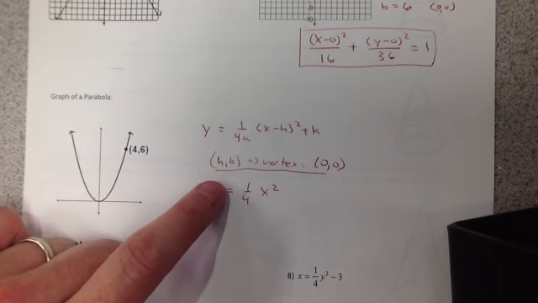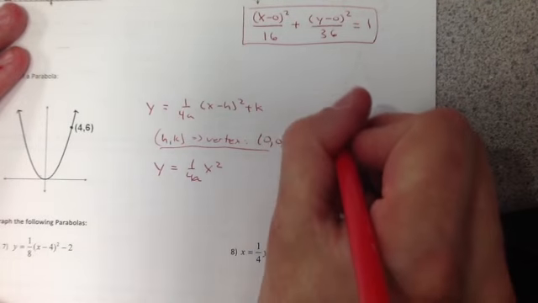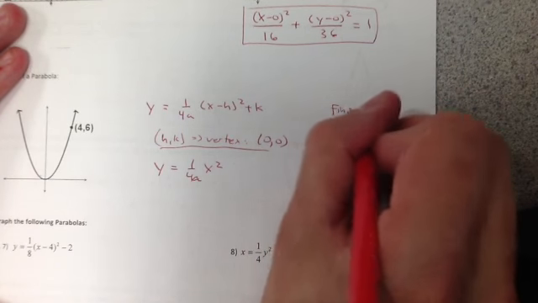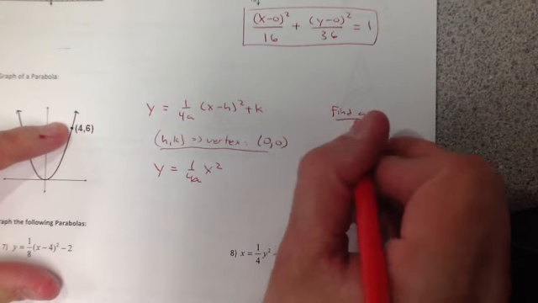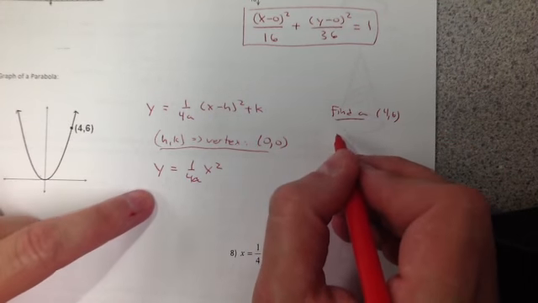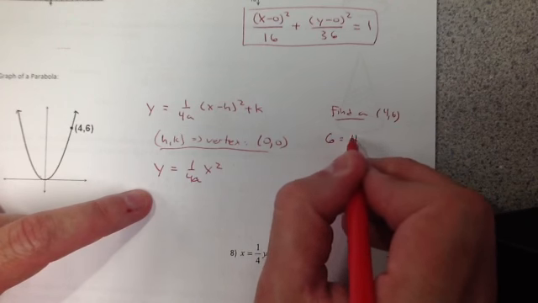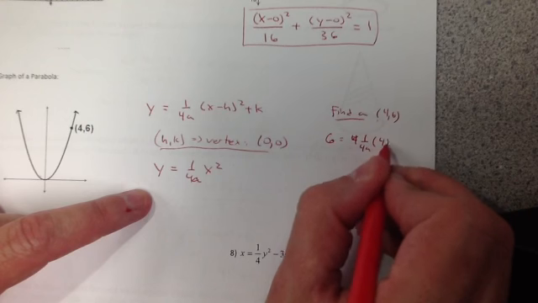Now the last thing we need, 4a, we need to find a. To find a, we're going to use any other point that we know on the parabola. And they tell us the point (4, 6) is on the parabola. So I just write that in. I get 6 equals 1 over 4a times 4 squared.